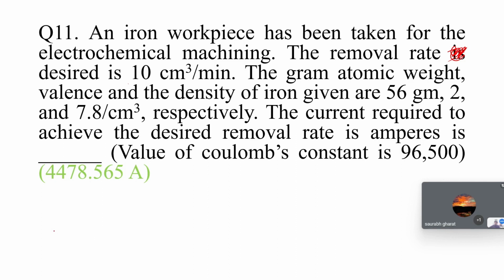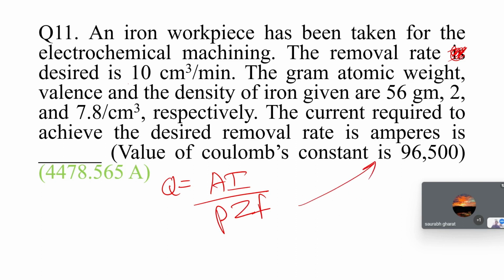Okay, Q is equal to A I divided by density into number of valency, into F, which is your Faraday's constant. Okay, so we can solve the answer now.